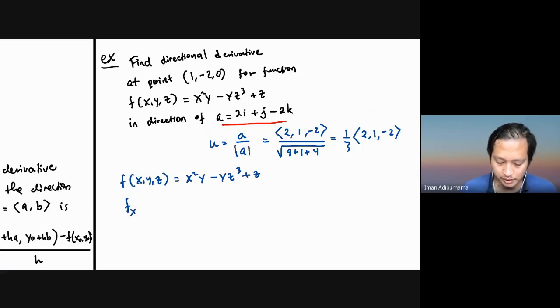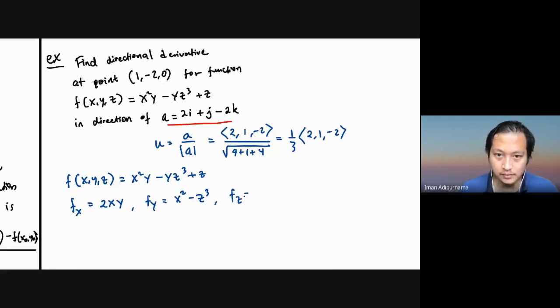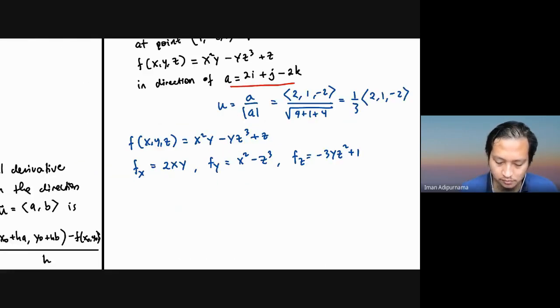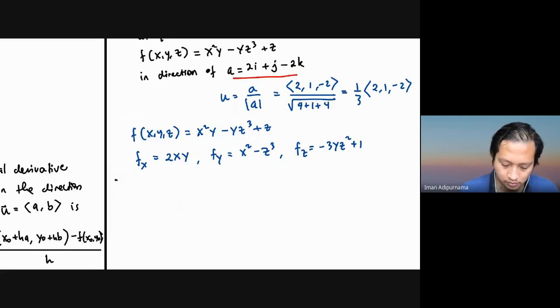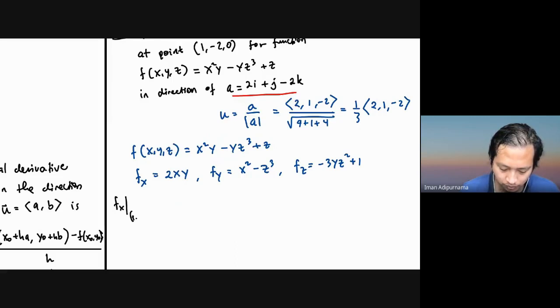Now we can write the partial x, and partial y, and the partial z, and we can plug in the point.